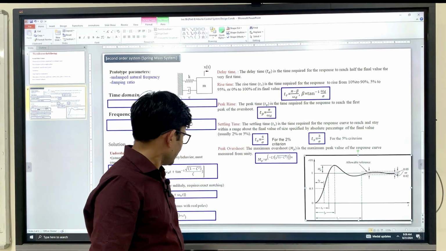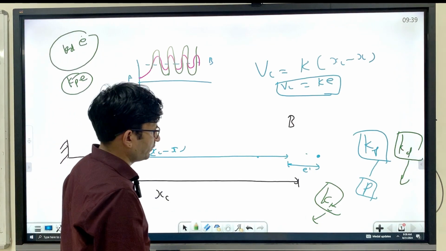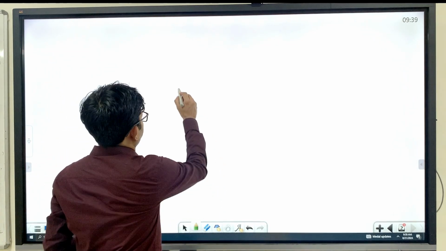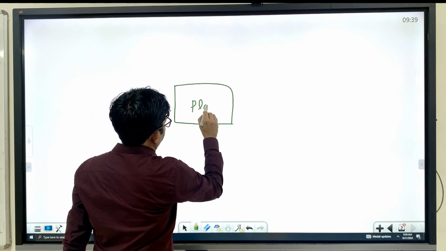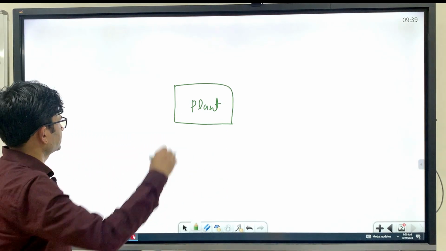Now how will you draw the same in the block diagram? This is my plant and I am putting it in this block. Say this is the aircraft or spring mass system.